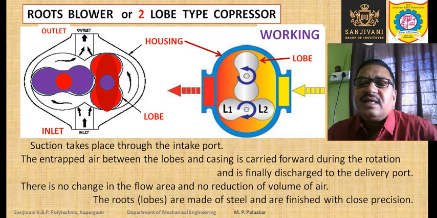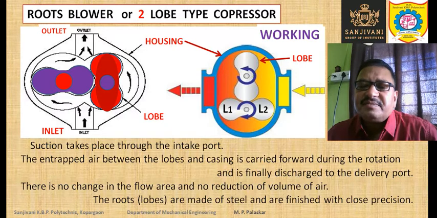So since the clearance is very correct, you will get the small oil film that will avoid the friction between the lobes and the casing, as well as this small oil film will also prevent the leakage of the air from one space to the other space.